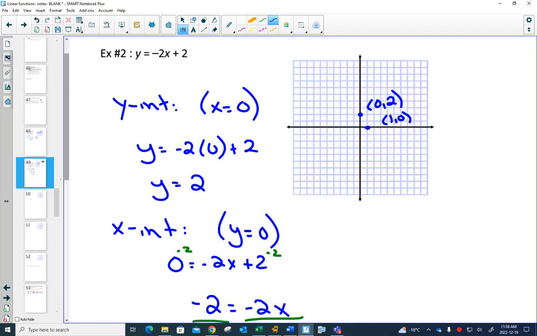Now technically that's enough to draw our line. This time for my check, because we've already learned the y equals mx plus b method, can you see that in our case our slope is -2? Can you see that I go down 2 over 1? So I can use that as a way to check.